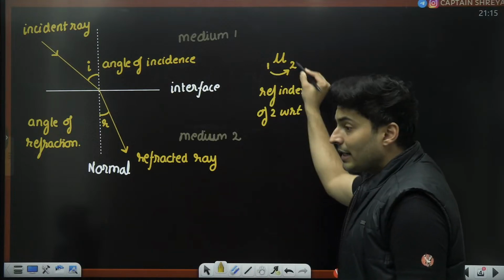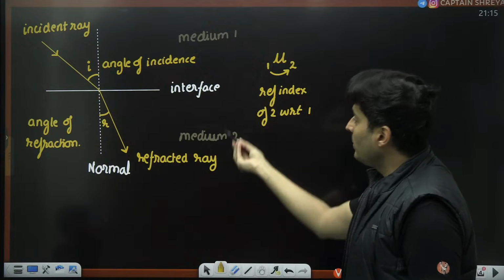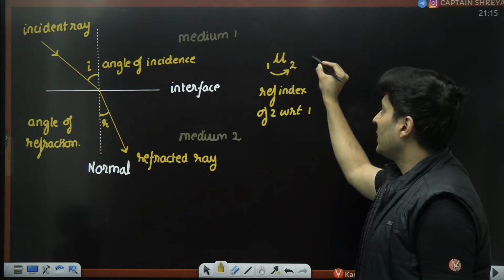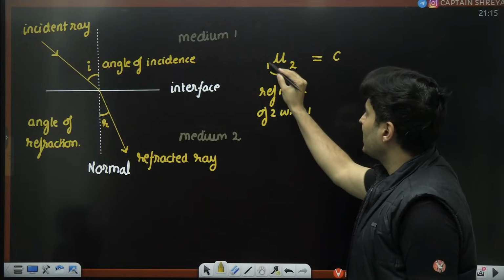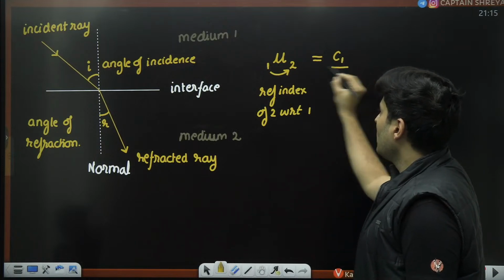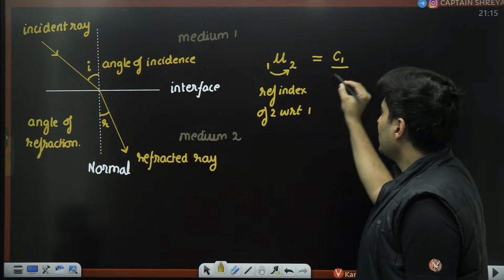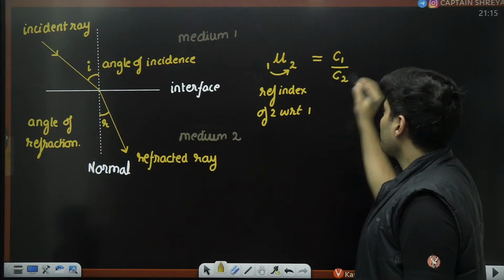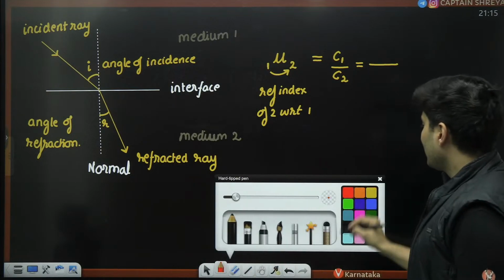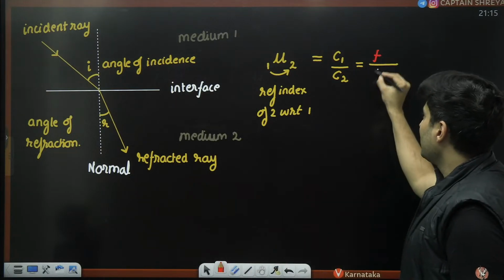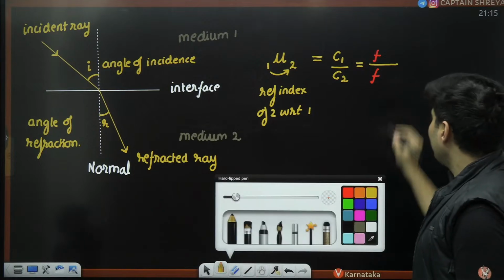This relative refractive index of medium 2 with respect to 1 is nothing but speed of light in medium 1 upon speed of light in medium 2. If you remember carefully, speed of light is nothing but frequency into the wavelength.